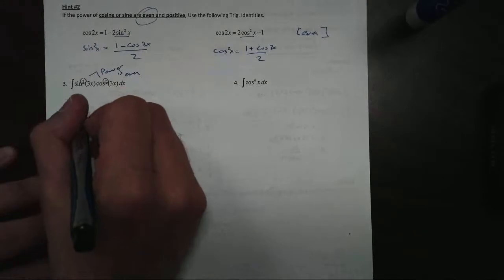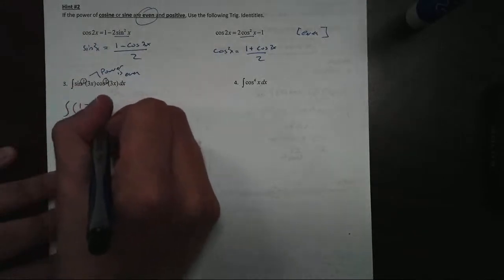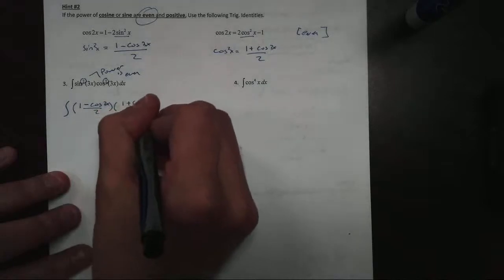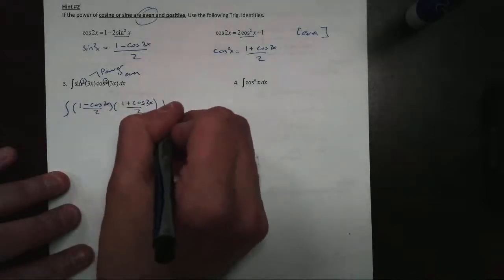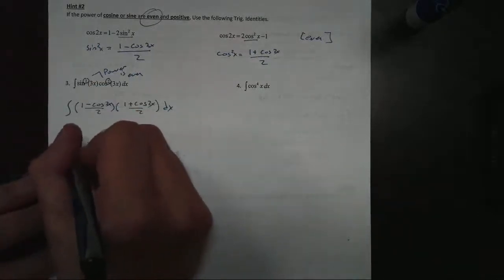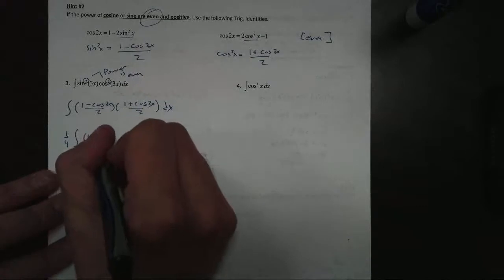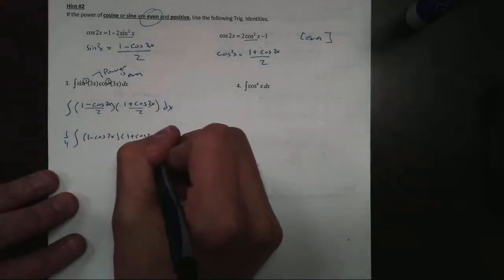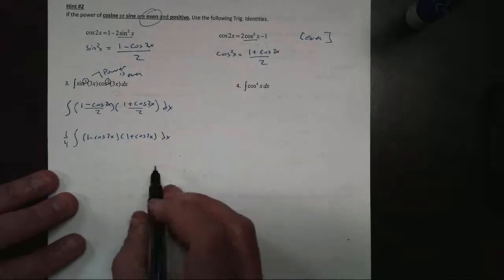So since they're both even, I've got to replace them both. So I'm going to rewrite this as 1 minus cosine of 2x over 2, 1 plus cosine of 2x over 2 dx. Now, if you're smart, factor out the 1/4, because each of those has a half. 1/4, and I'm left with 1 minus cosine 2x, 1 plus cosine of 2x dx.